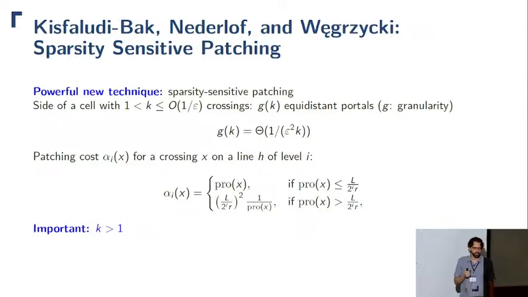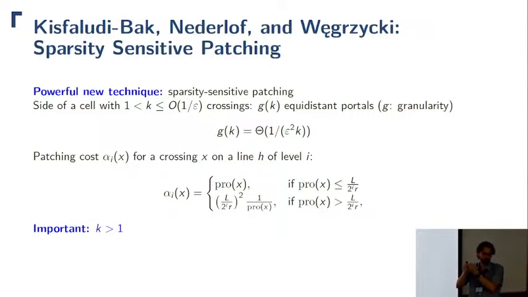In a somewhat counterintuitive way, if we have few crossings, then we want to have many portals, and if we have many crossings, we want to have few portals.